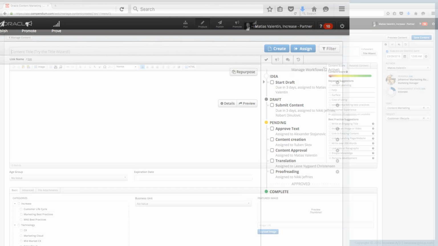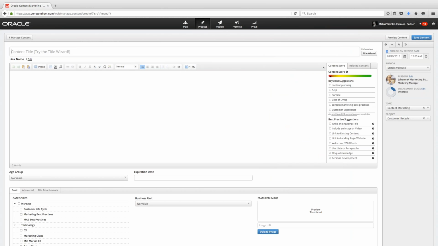Yeah. But when you're in the production part where you're actually writing, as you can see here, the screenshot is actually just a blank page. So instead of having a blank page in Word, now you have a blank page in Compendium. But the difference here is that you have a lot of help because there is, for example, the content title wizard, which gives you a list of possible titles that are actually very good with SEO and SEM.